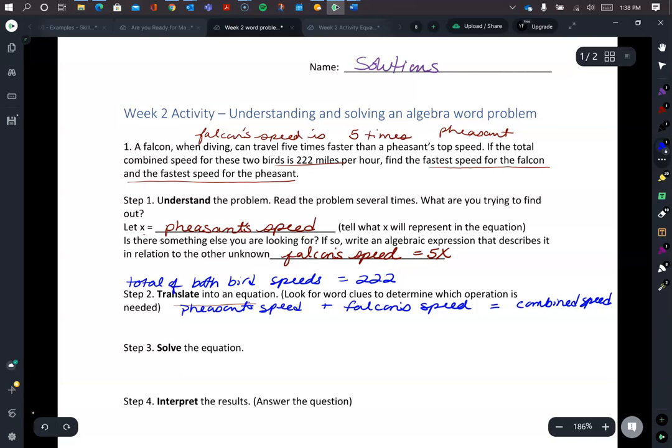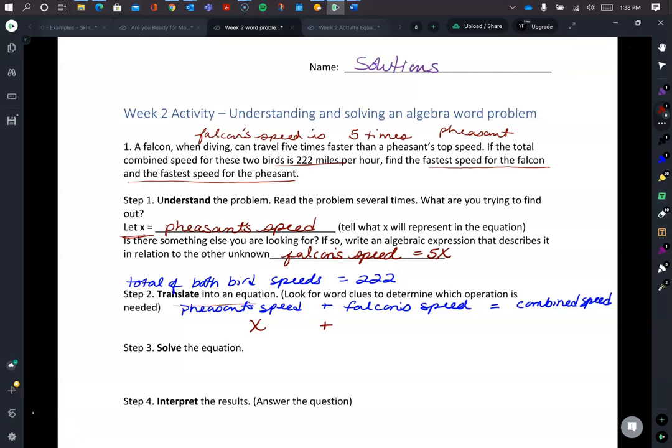Now, you don't always need to write all that out, but as you get more complicated with the problems, and there's more going on, that's really helpful. So now I'm going to use my symbols and numbers and just convert that. So pheasant speed we're calling X. We're adding because we have a combined speed.